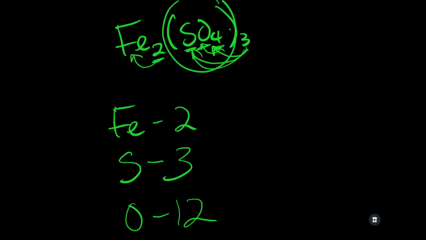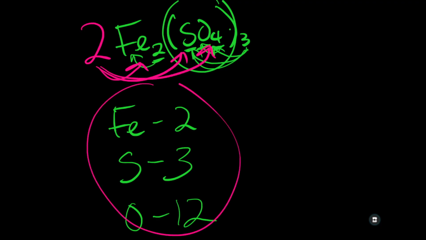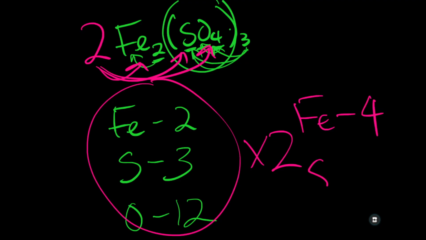And then if you add a coefficient in the front, let's say you add a 2 in the front, this 2 will distribute into everything. So basically everything times 2. So Fe will become 4, and then S will become 6, and then O will become 24. Okay.